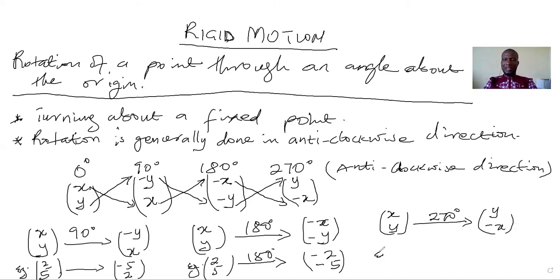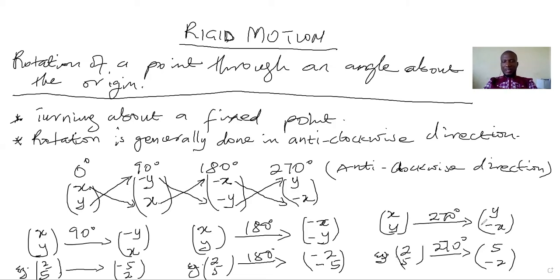And with the example again, (2, 5) through 270 degrees anti-clockwise gives us (5, -2).